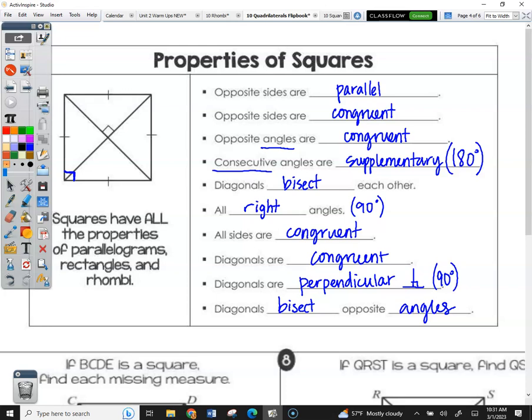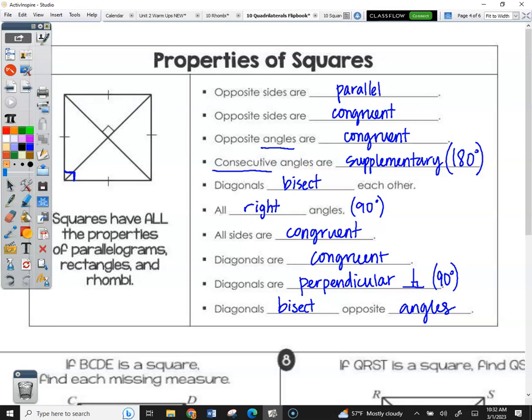in the picture. So when we say that the diagonals bisect the opposite angles, first of all, remember that the opposite corner angles are congruent. Well, it's a square, so we'll take it a step further to say they're not only congruent, they measure what? 90, because it's a square.